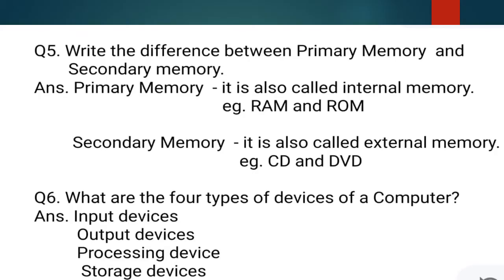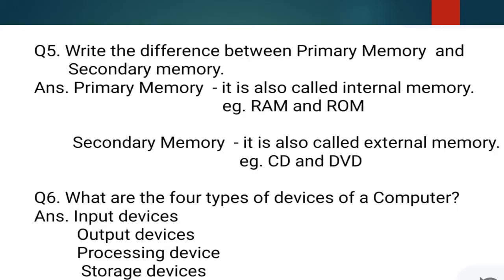For example, RAM and ROM. And secondary memory is also called external memory. Examples of secondary memory are CD and DVD. So this is the difference between primary and secondary memory.